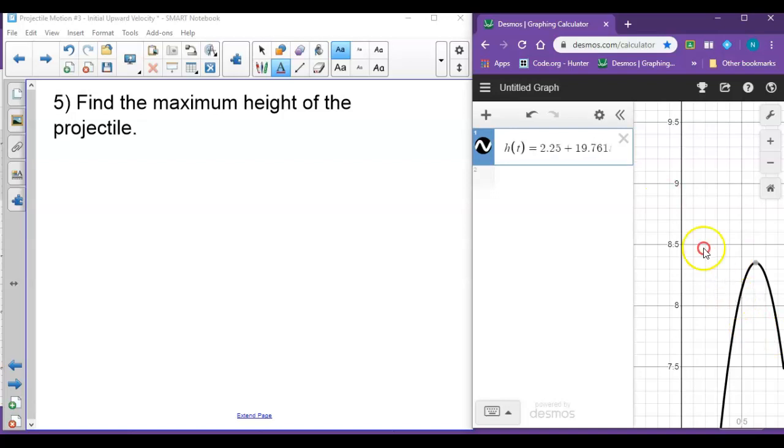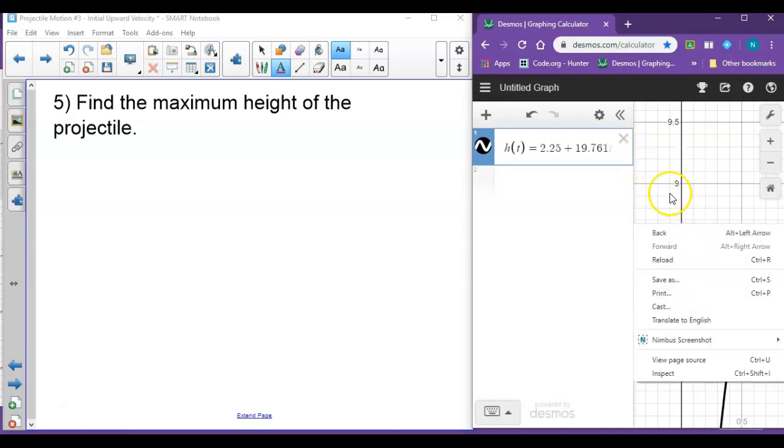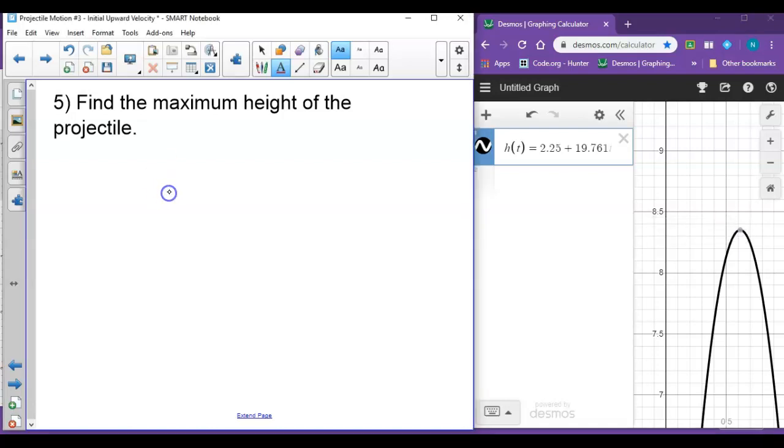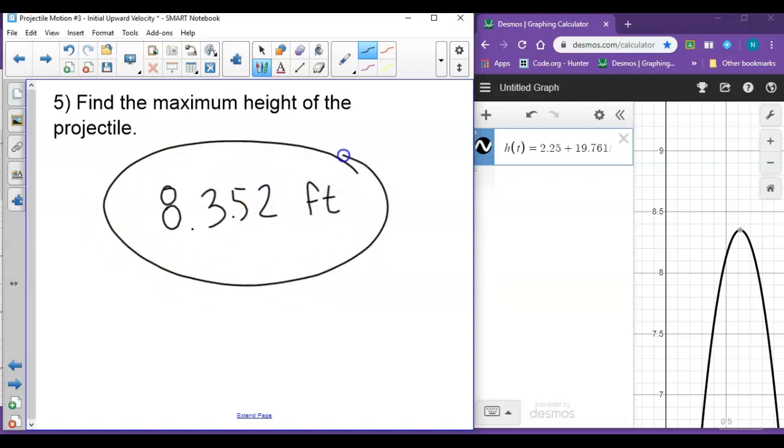I can see my maximum already, and if I point there, 8.352 is my maximum. So for my catapult, 8.352 feet is the maximum height of my projectile.